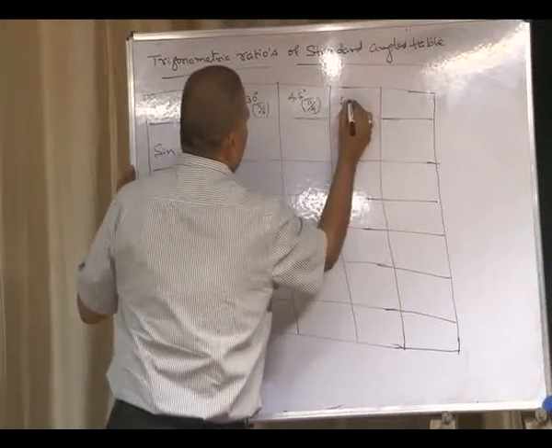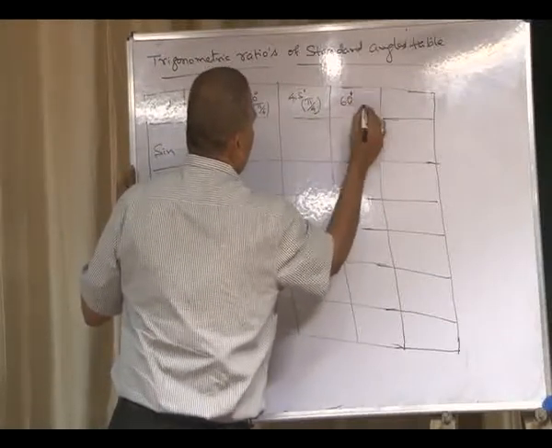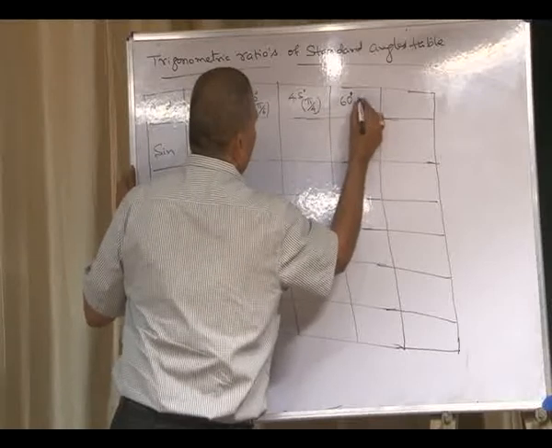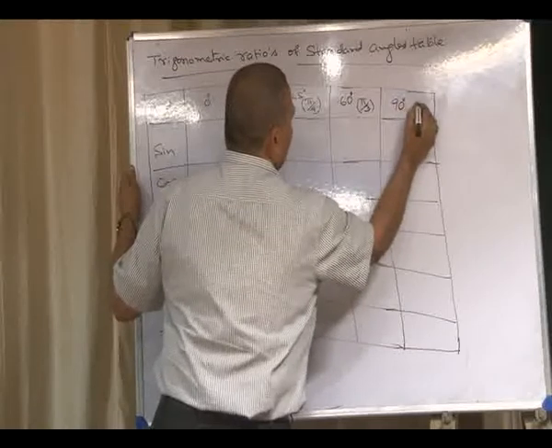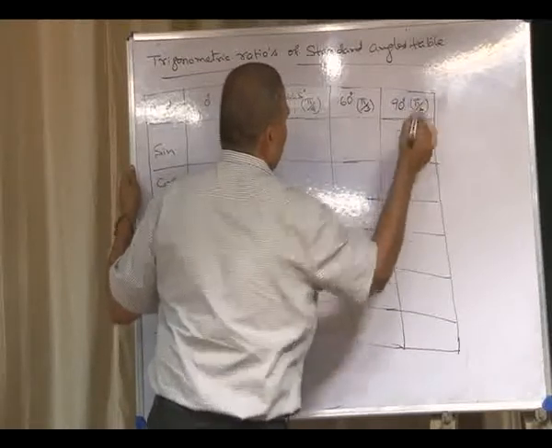Next, 60 degree is pi by 3 radian. 90 degree is pi by 2 radian.